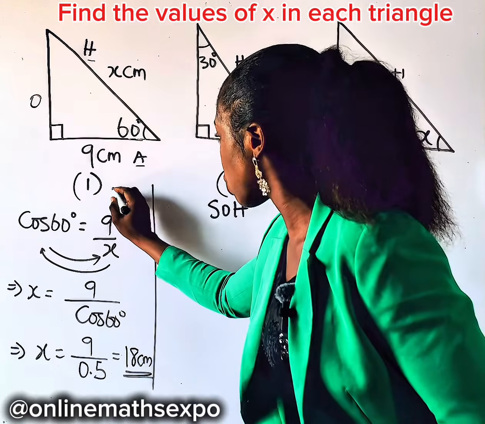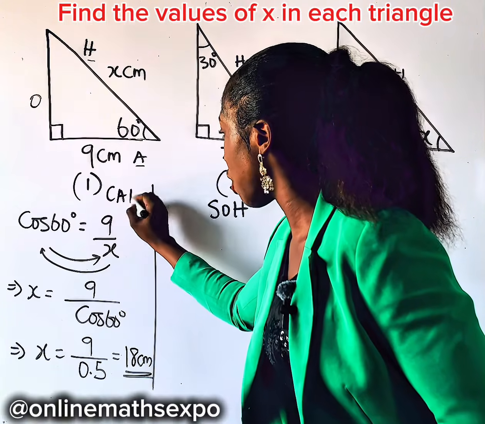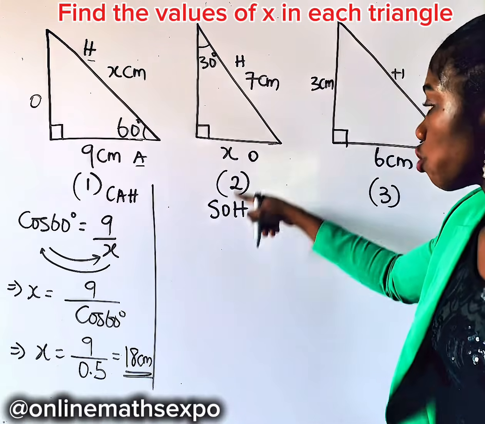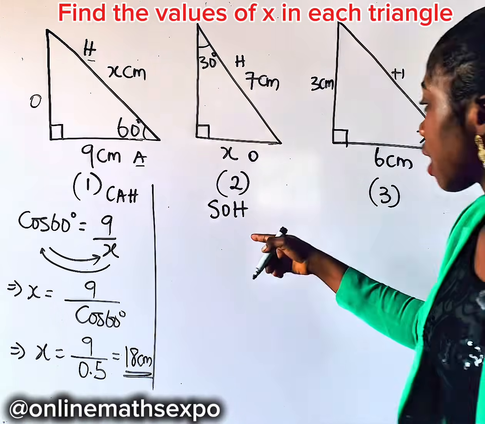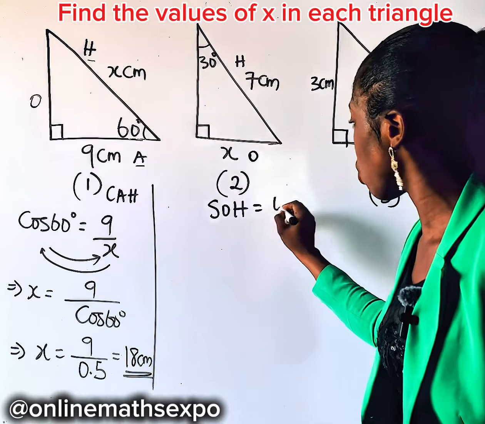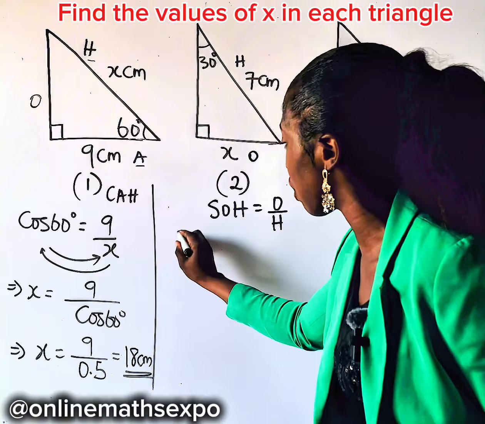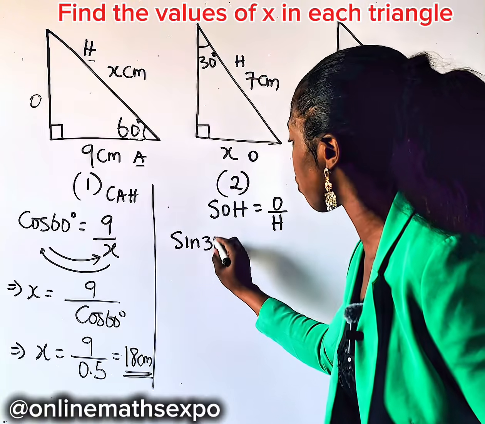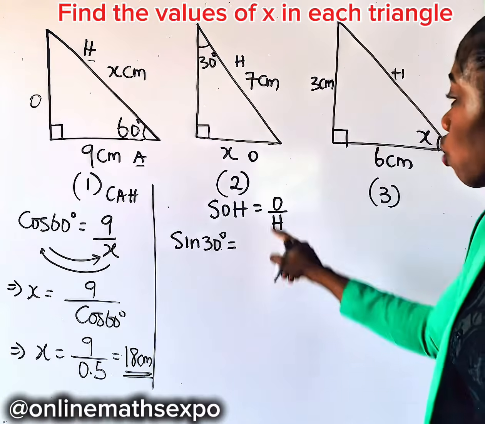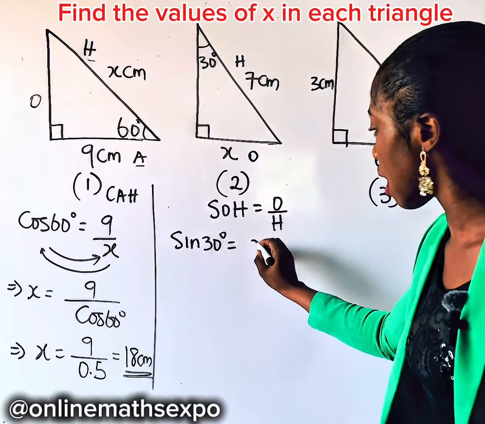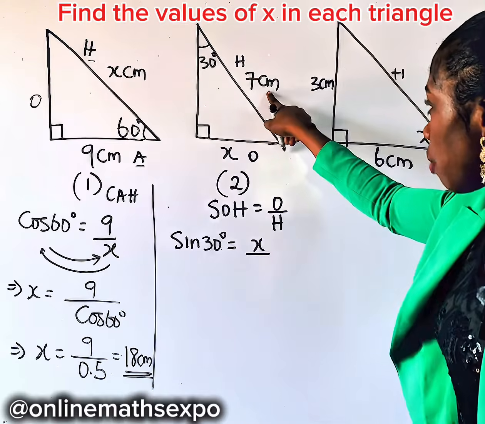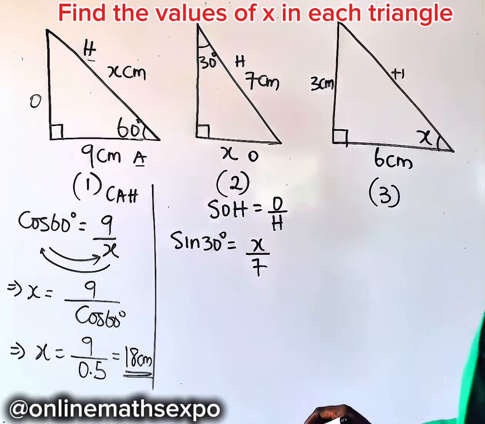Remember here what we use is SOH. So it is giving you opposite over hypotenuse. So we're going to have sine of this angle. It will be sine of 30 degrees is equal to the opposite, which is x, divided by the hypotenuse, which is 7.